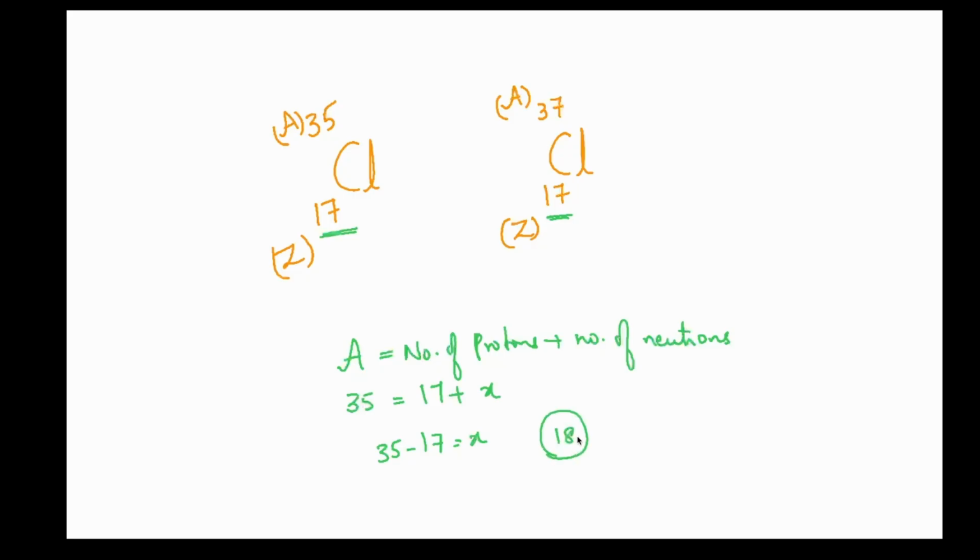So this form of chlorine has a total of 18 neutrons. If you do the same thing for this form, substituting 37 instead of 35, you would end up with an answer of 20, which means that this isotope of chlorine has a total of 20 neutrons.